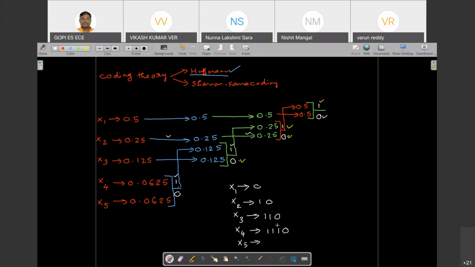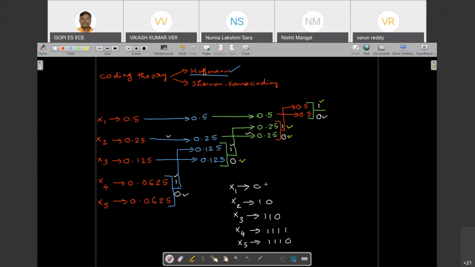X4 is it 1 1 1 0 or what? 1 here, 1 here, 1 here. No, X4 is 1 1. Okay, and X5 is this one, right? 0 here, 1 here, 1 here, 1 here. So that is going to be what? 1 1 1 0. This is that final 0 is coming into picture, right?